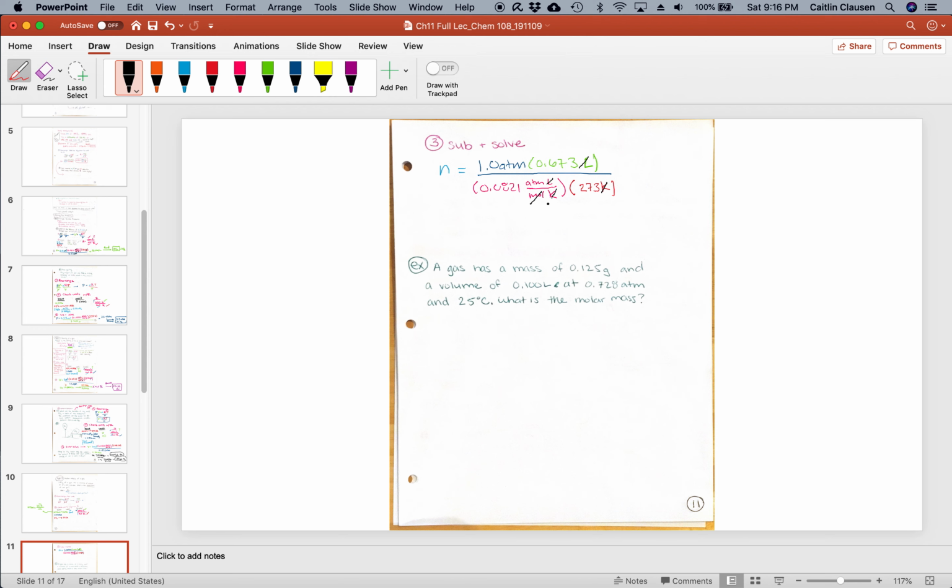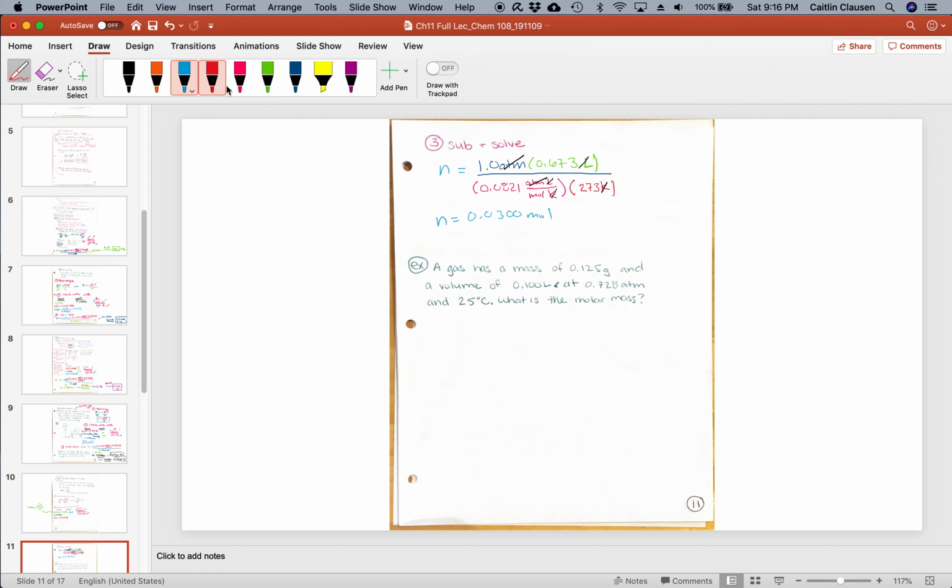Moles are denominator. Oops, we want moles. But if I brought it up here, they'd flip, so it'd be on the numerator. And same with atm, they would flip, so those cancel. If I calculate this, I end up with 0.0300 moles.